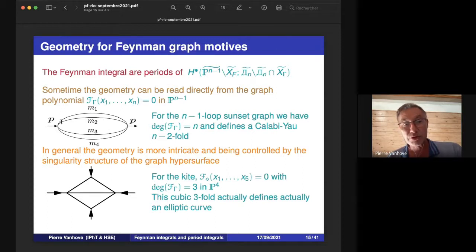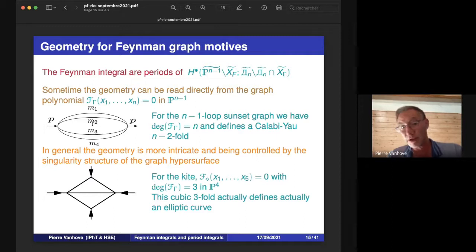As I will mention later, the singular locus, F equals 0 in that case, defines a Calabi-Yau (n-2)-fold. The first non-trivial case is with 3 lines, n equals 3: a degree 3 homogeneous polynomial in P2, which defines an elliptic curve.